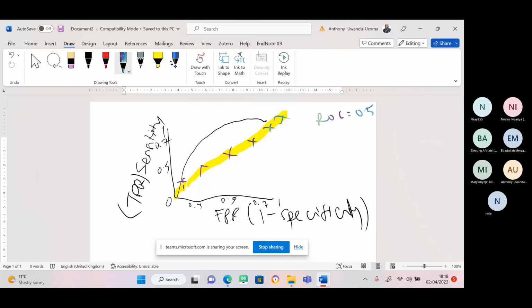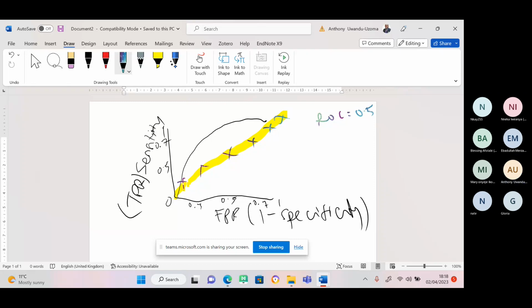The ROC value along this line is what? 0.5. So normally for the ROC, the area under the curve, as it gets higher, as it gets to 1, 1 is the highest and 0 is the lowest.